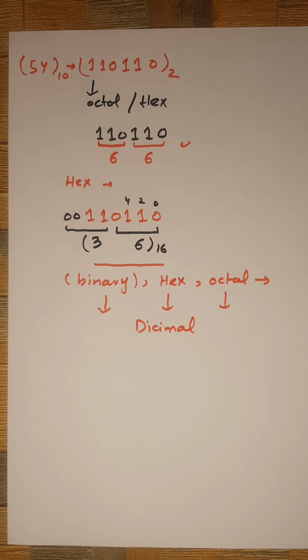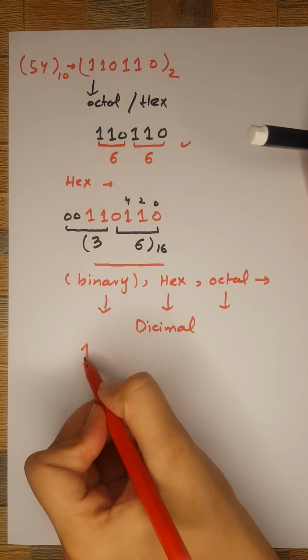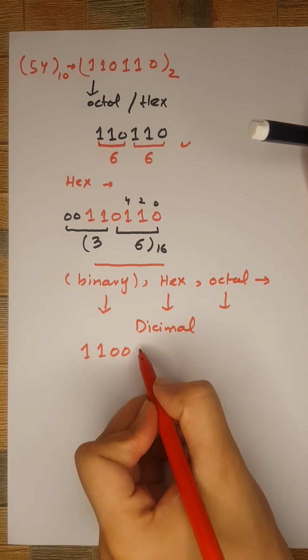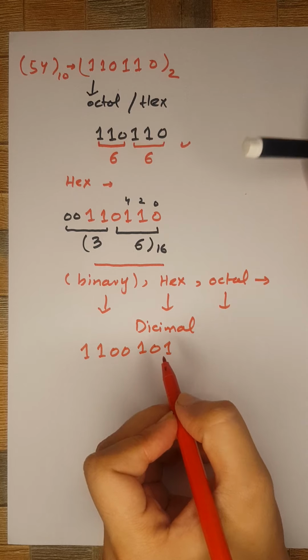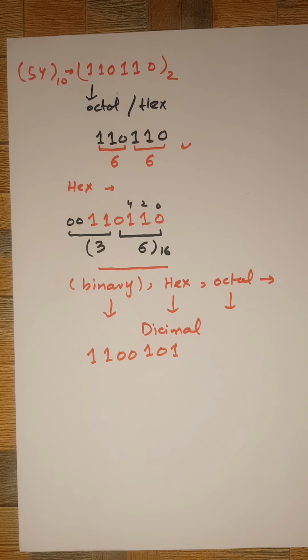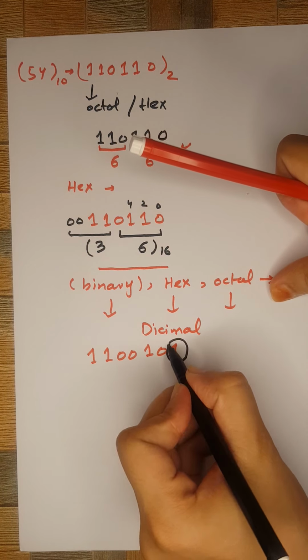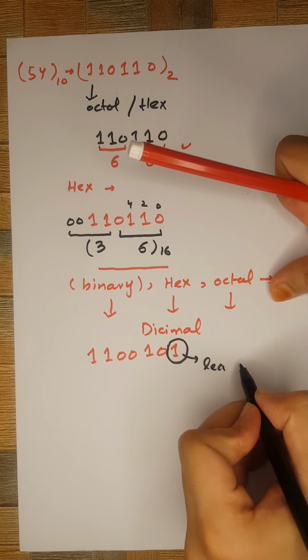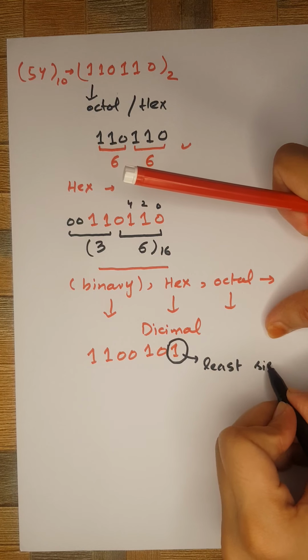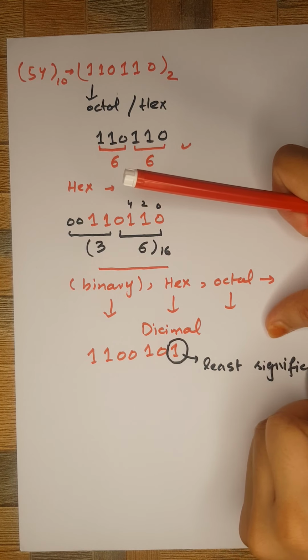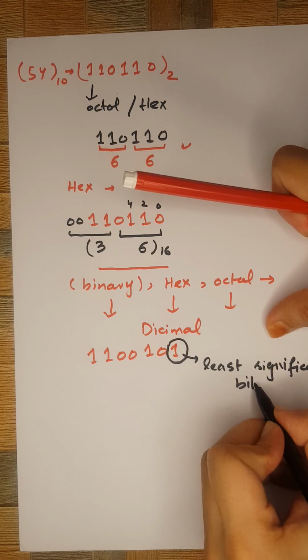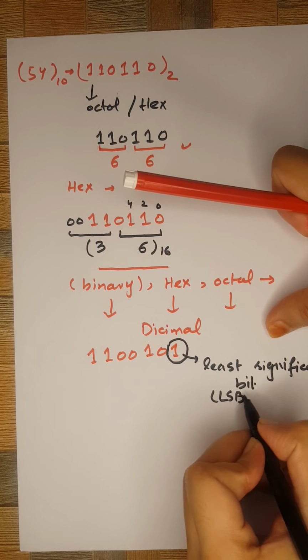Starting from the binary combination, let's say we are given a binary combination as 1 1 0 0 1 0 1. If this binary number has a non-fractional part, we will start from the LSB. This is actually called the least significant bit, or LSB most commonly.